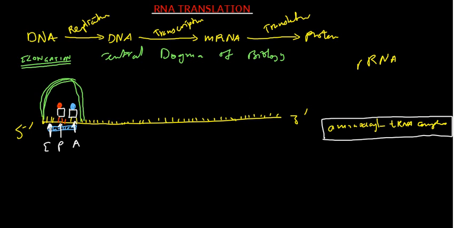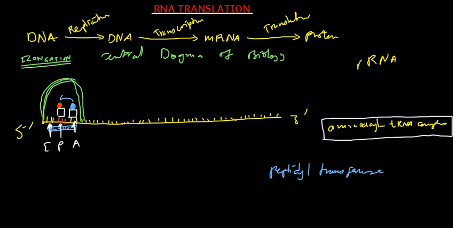Well, when this happens, once the P site and the A site have been filled, as we can see, an enzyme called peptidyl transferase is going to form a bond between these two, which we can see here.